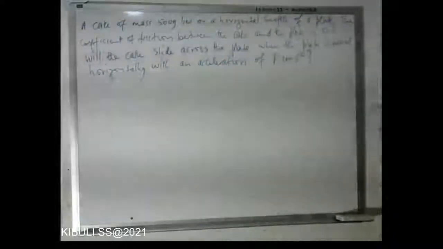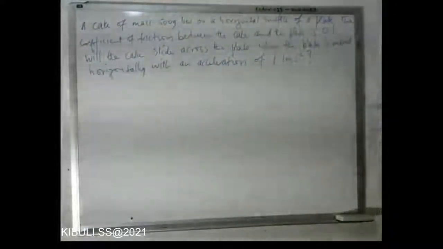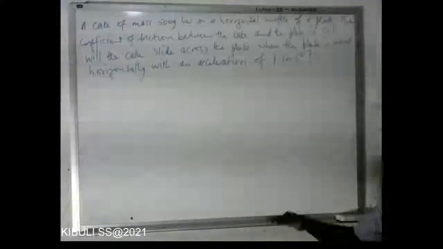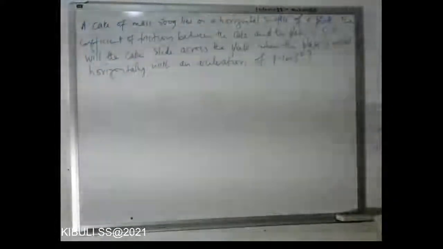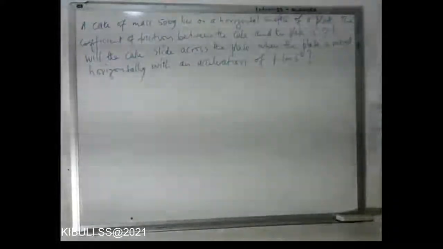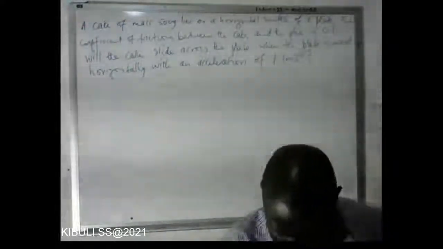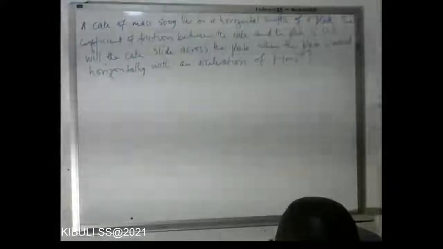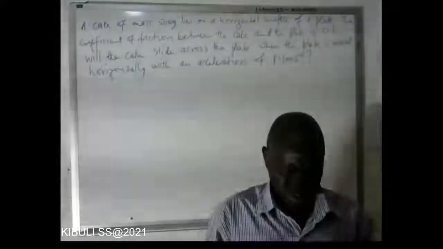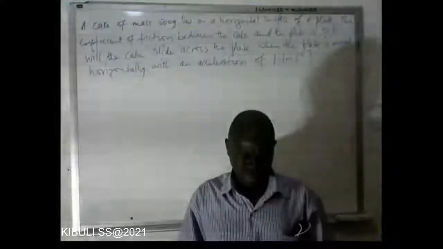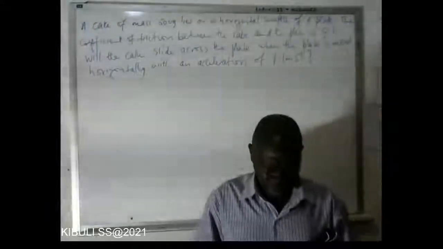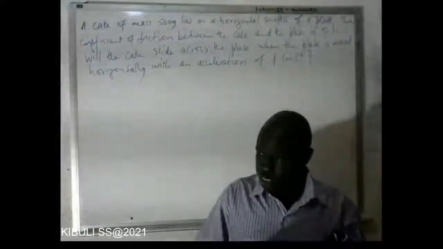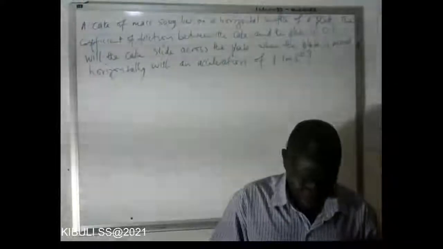Will it slide or will it remain stationary as the plate is moving horizontally at that acceleration? Okay, please, I want you to try the question during your free time, and inbox me the solution. Okay, it requires some simple reasoning.